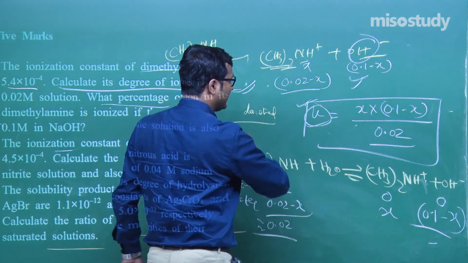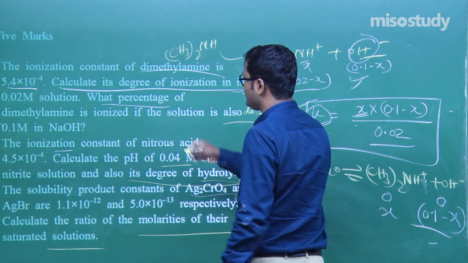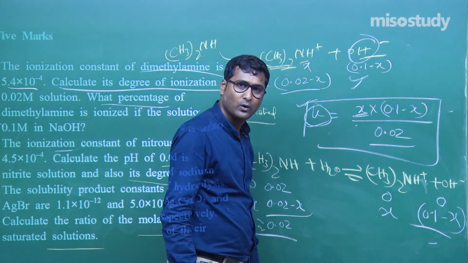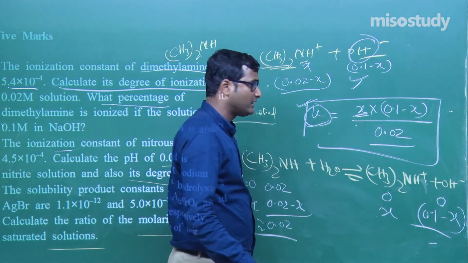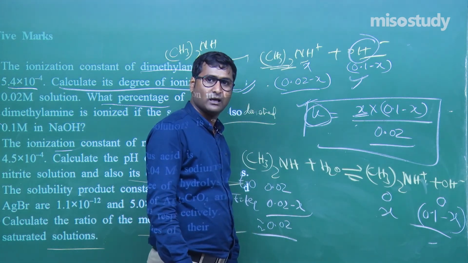Put the value, K is given, you can get the value of X. This is the case when it is treated with 0.1 molar NaOH. Now percentage ionization is X divided by 0.02, you can get the answer. Am I right, my friend?